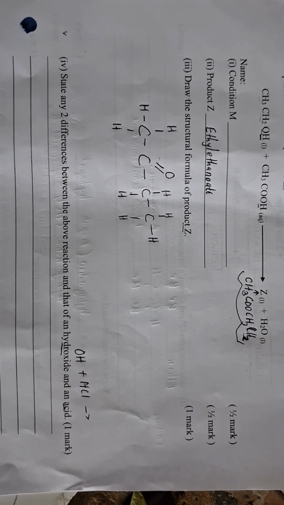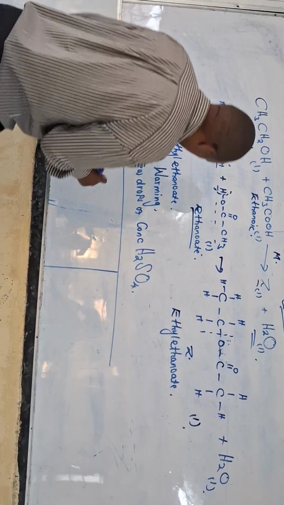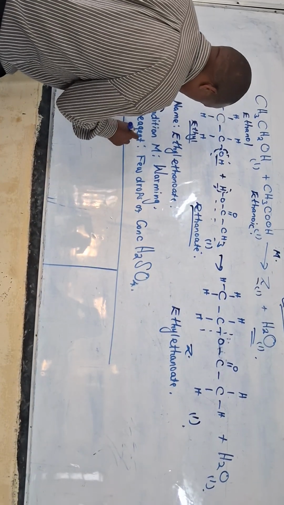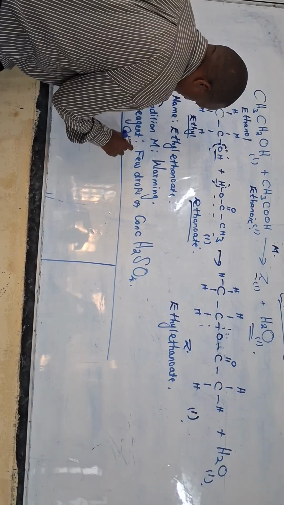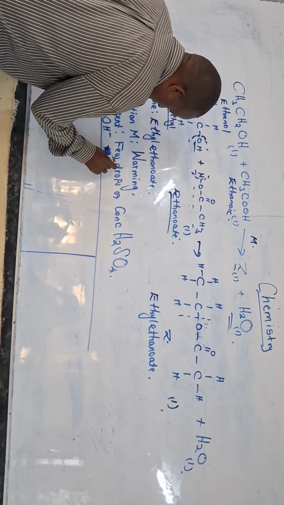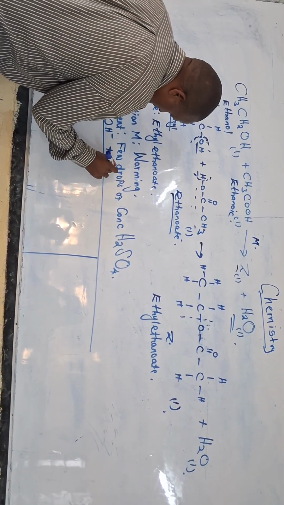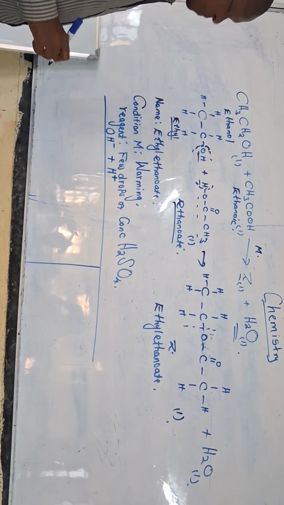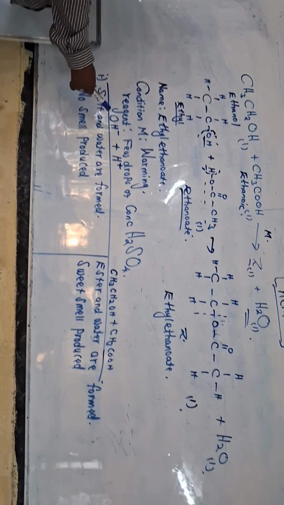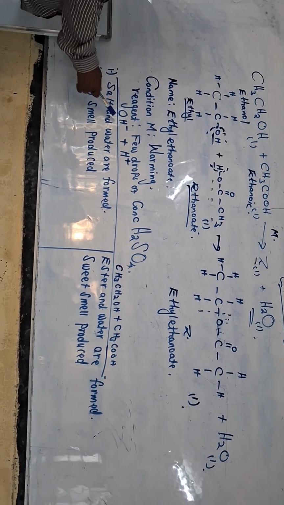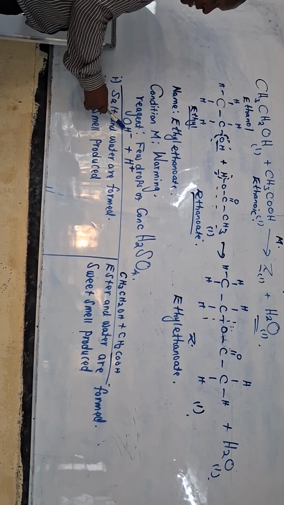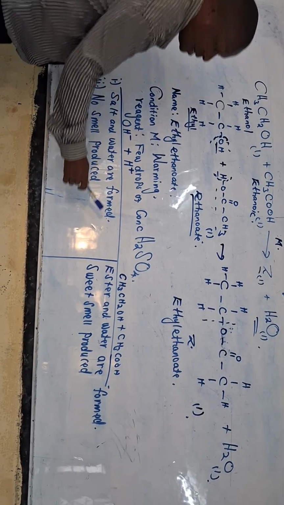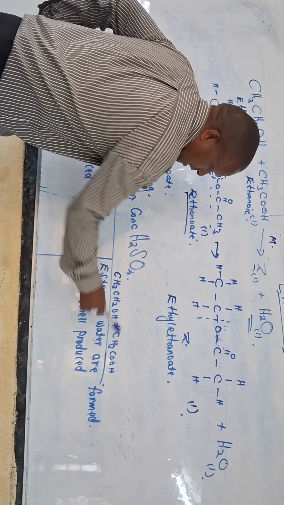Next question. State any two differences between the above reaction and that of a hydroxide and an acid. We understand the differences between the reaction between a hydroxide and an acid and ethanol and ethanoic acid.